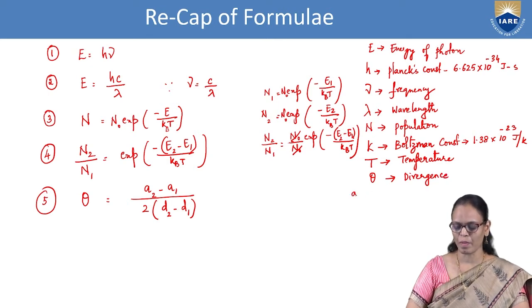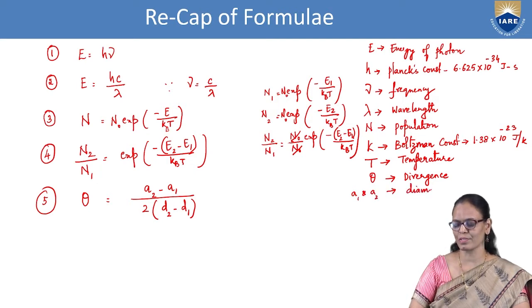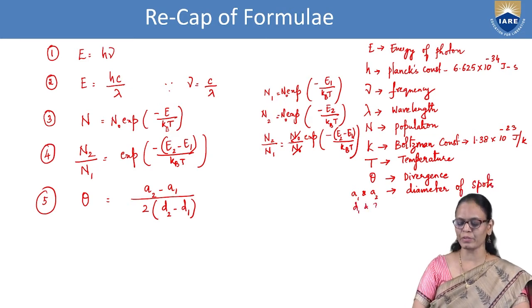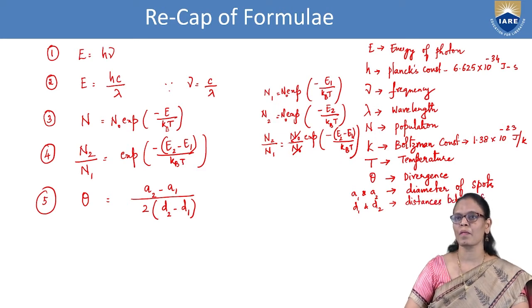A1 and A2 represent the diameter of the spots that are formed due to laser beam. D1 and D2 are the distances between the laser source and screen.